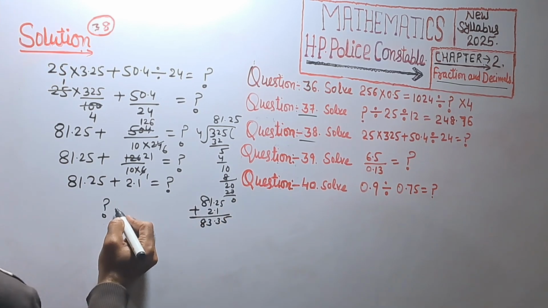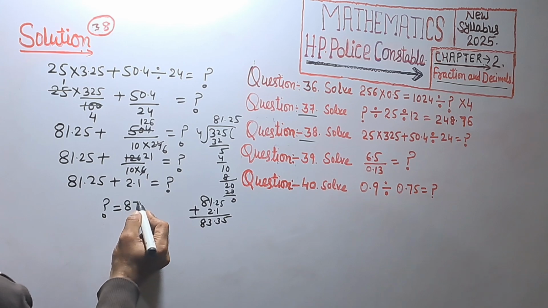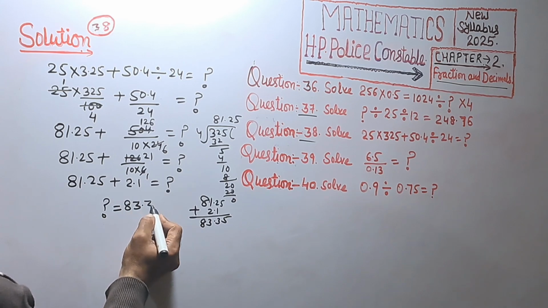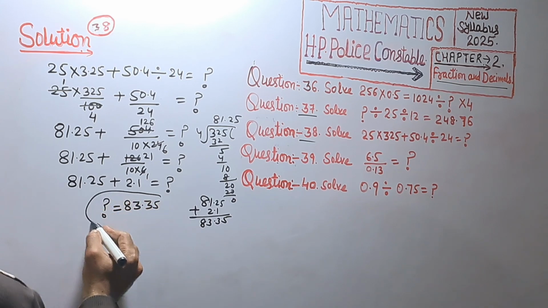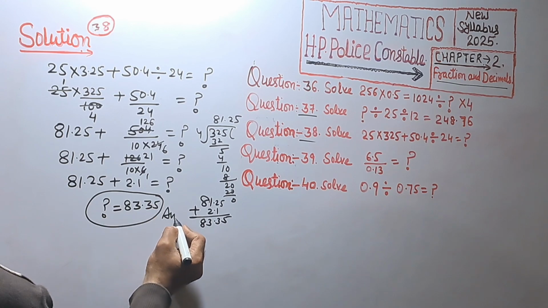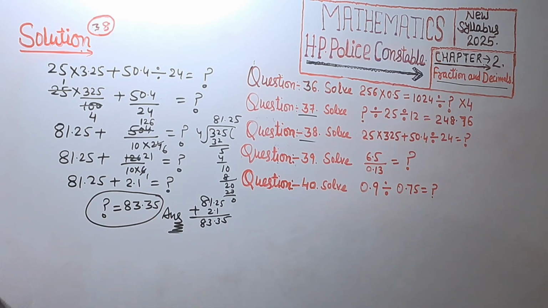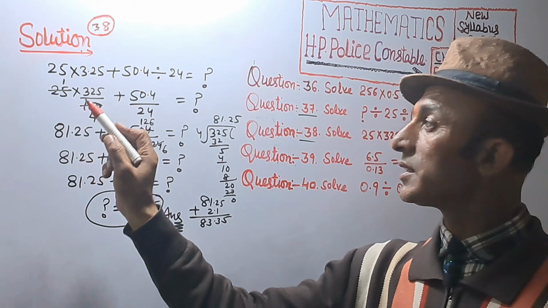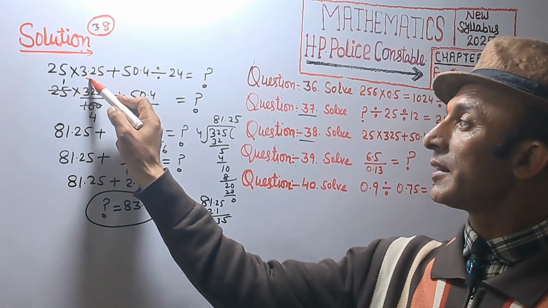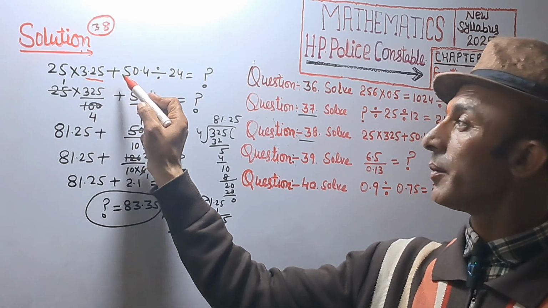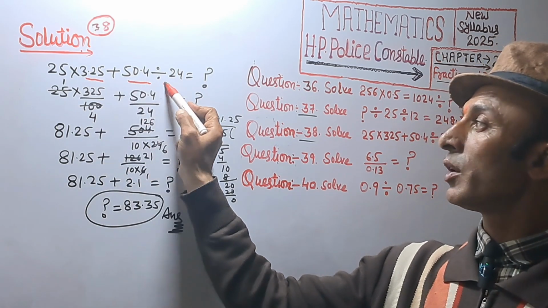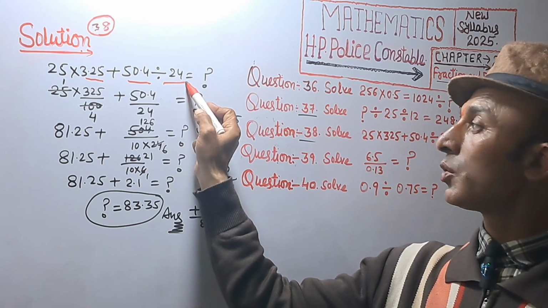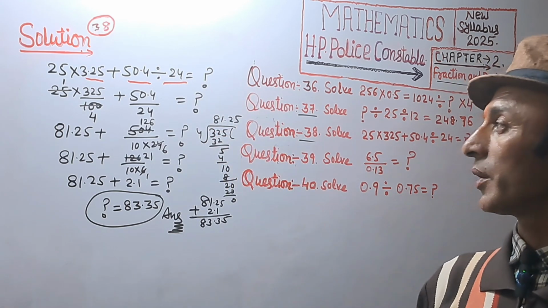So ? we get 83.35, answer. Given question is 25 multiplied by 3.25 plus 50.4 divided by 24 equals ?